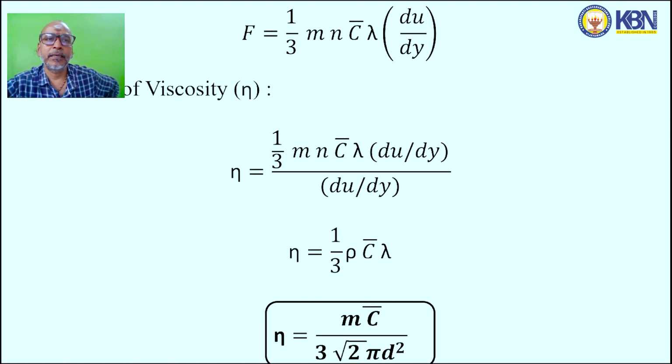According to Newton's second law, it is also equal to the force. According to the definition of viscosity, the coefficient of viscosity is the ratio of the viscous force to the velocity gradient. So the coefficient of viscosity is equal to m C bar by 3 root 2 pi d square, where m is the mass of the molecule, C bar is the average speed, and d is the diameter of the molecule.